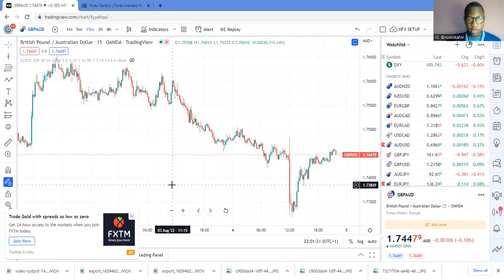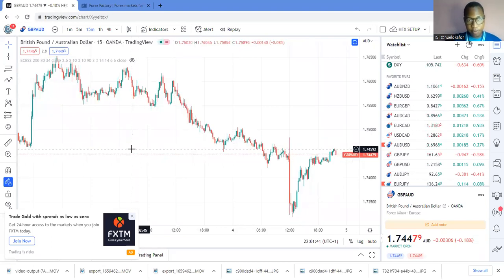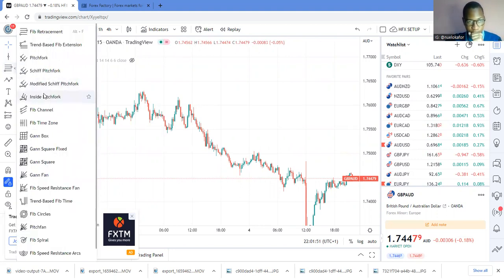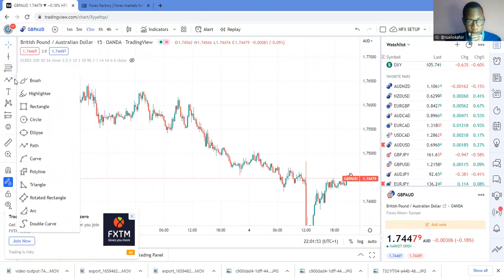A support is an area where you notice that price has bounced off of in the upwards direction several times, okay? So for example, you can look at this area right here.